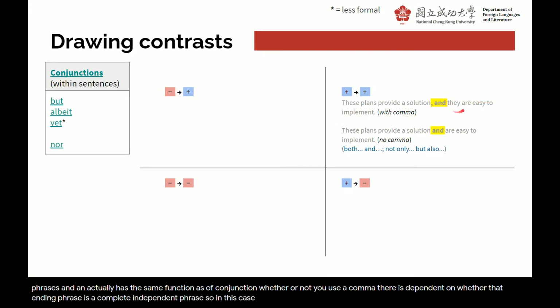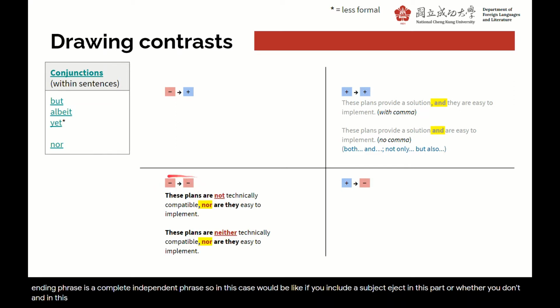So in this case, it would be whether you include a subject in this part or whether you don't. And for a negative to a negative, bad point to a bad point, you can use this nor to signal that they're both bad.